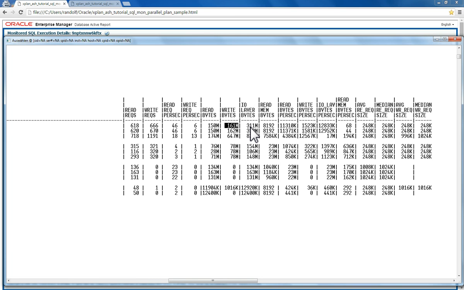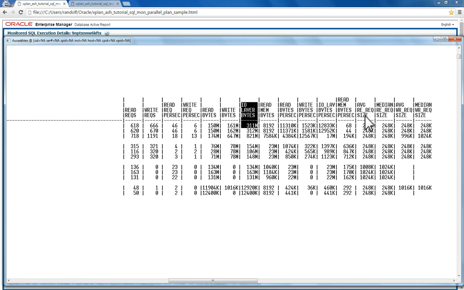So it basically is the information about the amount of bytes exchanged between the compute nodes and the cells, in case this is Exadata, and hence is not necessarily the same as the sum of the read and write bytes on database level. So that's the reason why I have added this here for the Exadata cases.